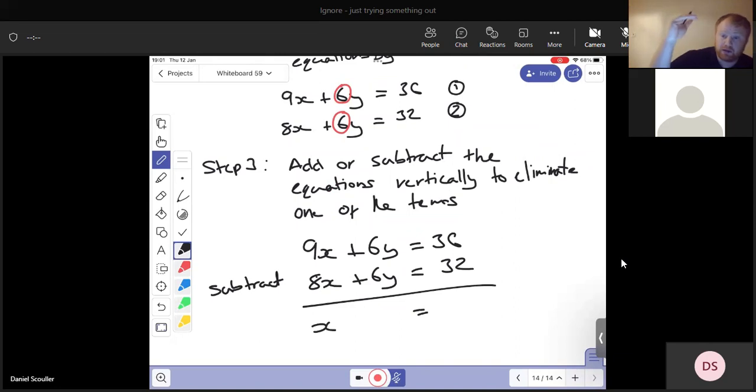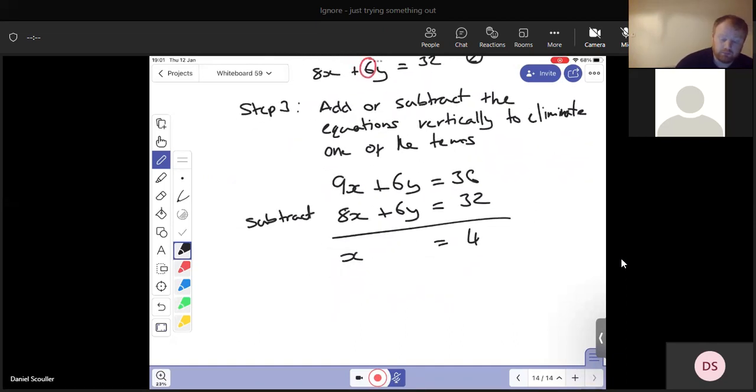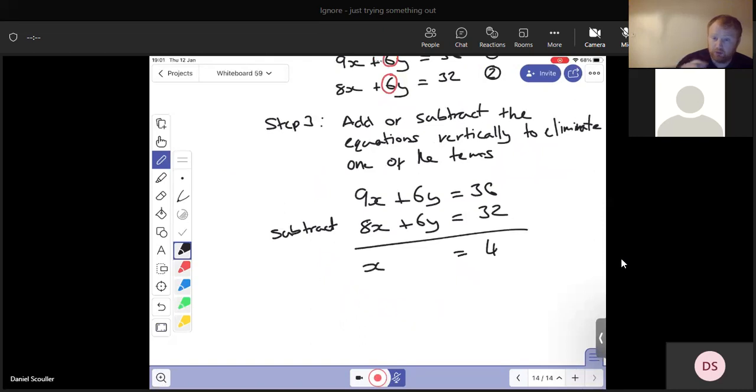And I'm going to do 36 minus 32, give myself 4. So that's a nice easy solve. X equals 4. That's my first solution. I've solved that equation for x.